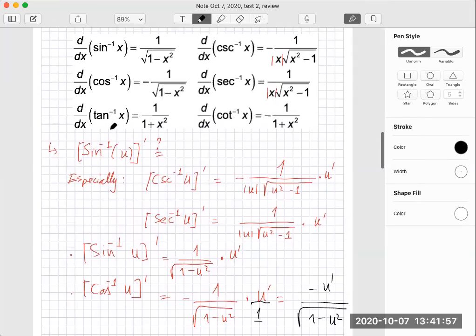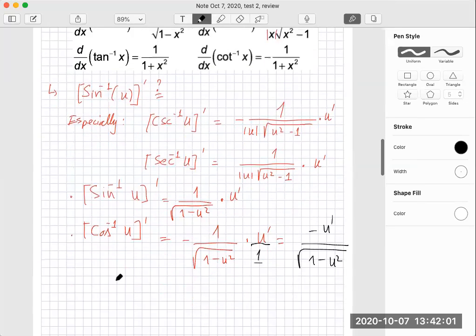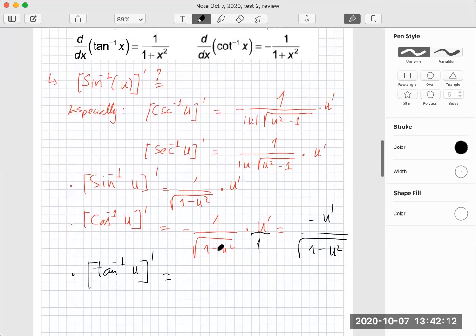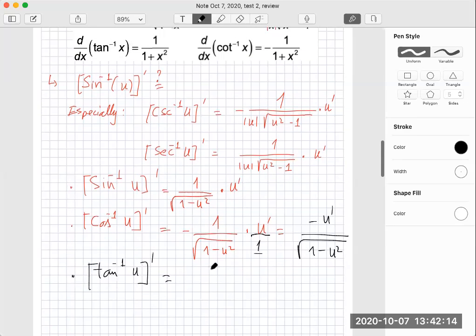What else? Tangent inverse. So the derivative of tangent inverse of u will be, yes, very good.